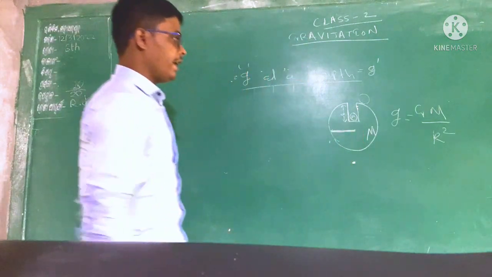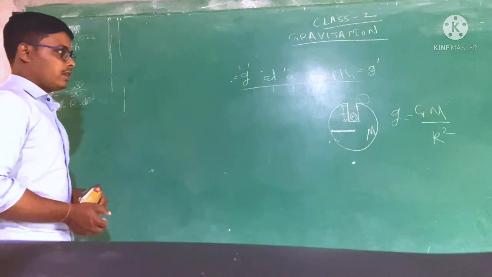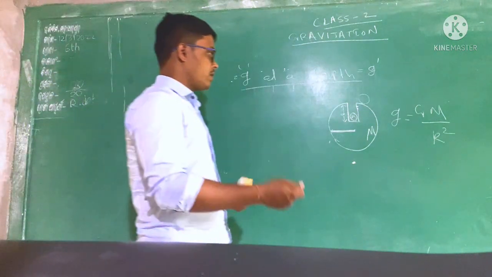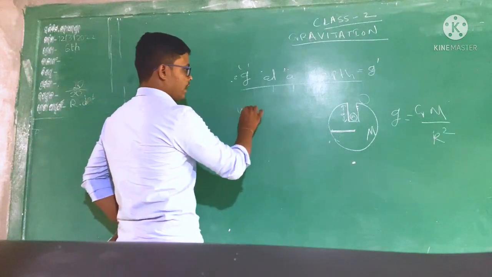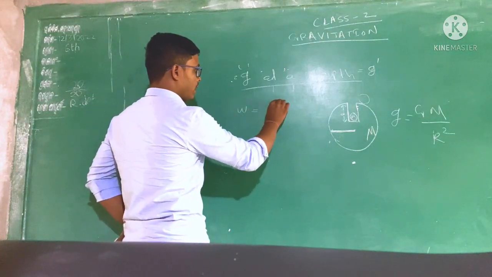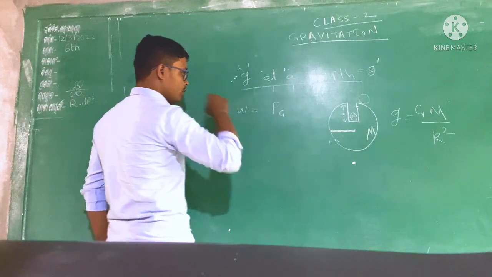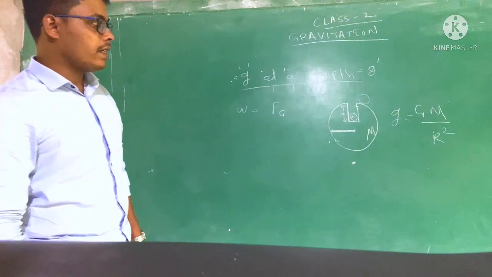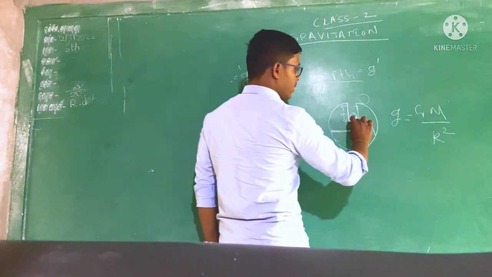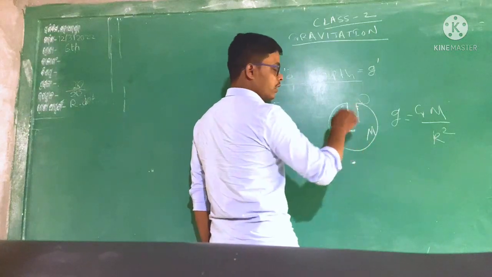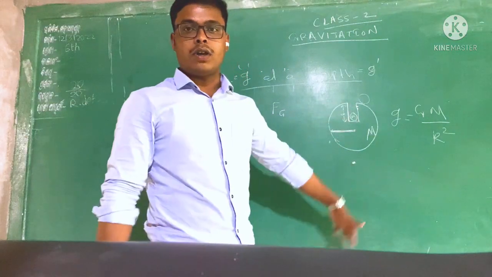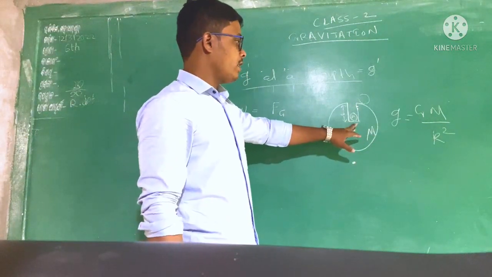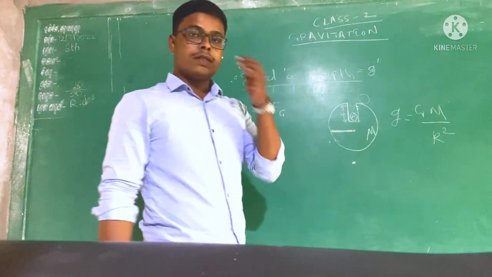Okay, so again if you look, in the previous class we have already discussed that the weight and the gravitational force are balanced. That's why the mass is situated here. It is at a height from the center. Though the object is at a depth, it is at a height from the center.